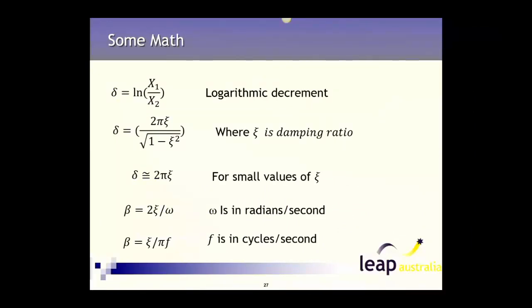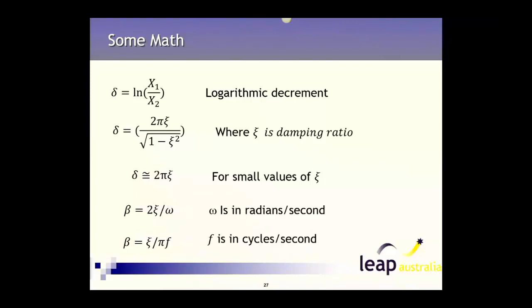These are just some different ways of defining the damping. We put in the beta value, and then we can calculate the damping ratio from there. The logarithmic decrement you can normally determine if you've got some base measurements, or otherwise, if you know the damping ratio, you can figure out the logarithmic decrement as well.